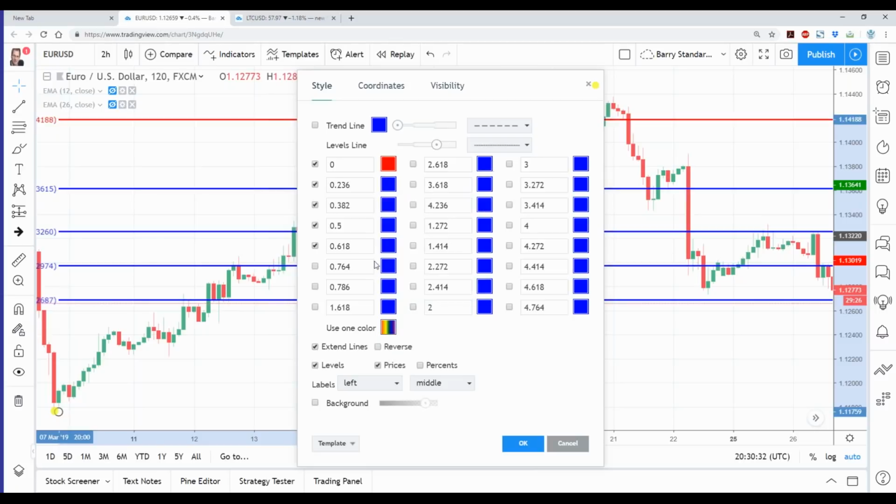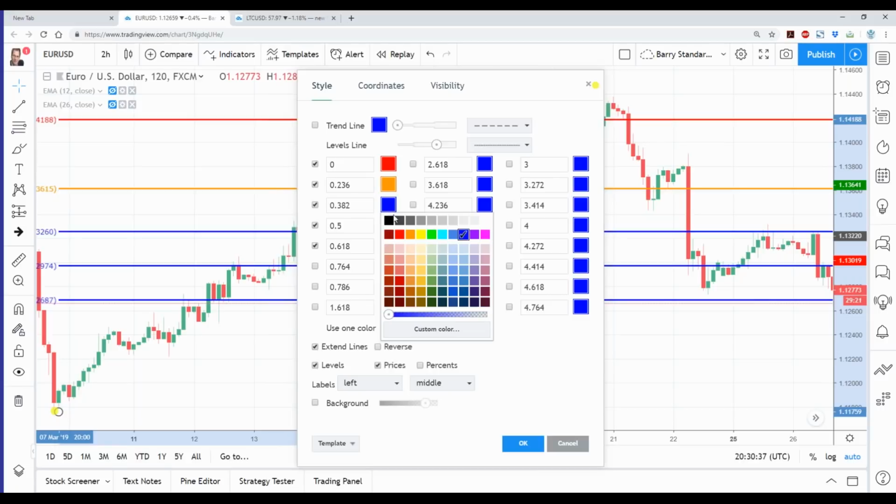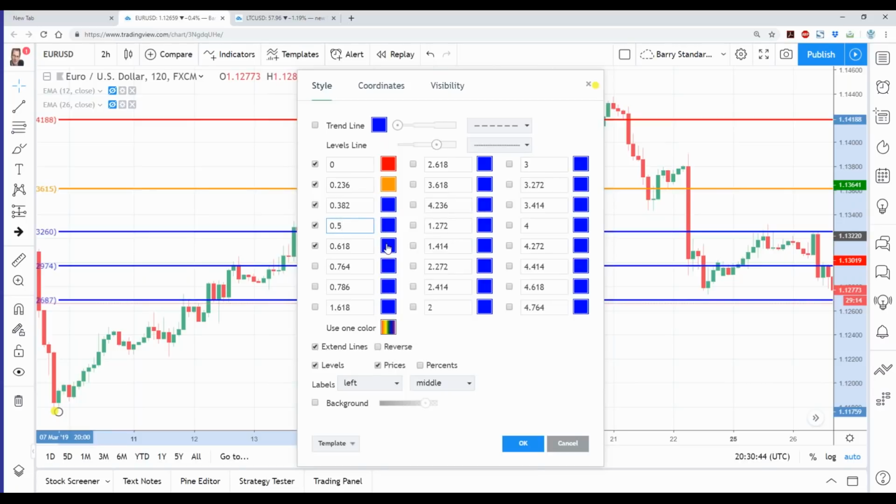So we'll use red, we'll use gold for a very important number, we'll leave it blue for the 38.2, for the 50, for the 61.8, and then we'll go to gold for the 76. Zero. Well, let's take the 23.6 off. We don't need it for class right now.